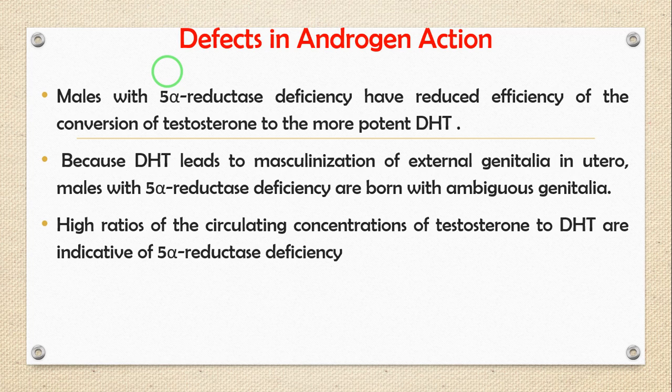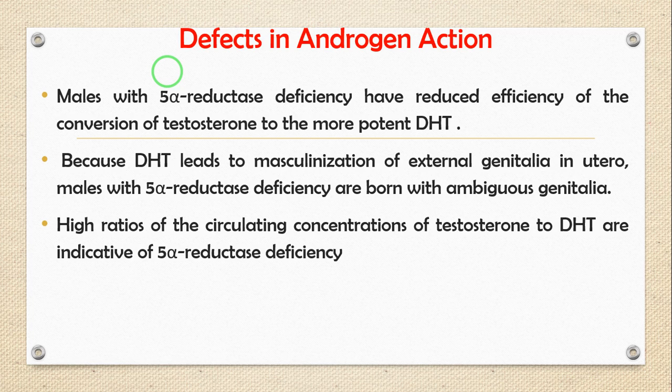How can we know by biochemical test that this patient has a decrease in the level of 5-alpha reductase? This is by measurement of the level of the testosterone and the dihydrotestosterone, and we will find that the ratio of testosterone relative to dihydrotestosterone is high.